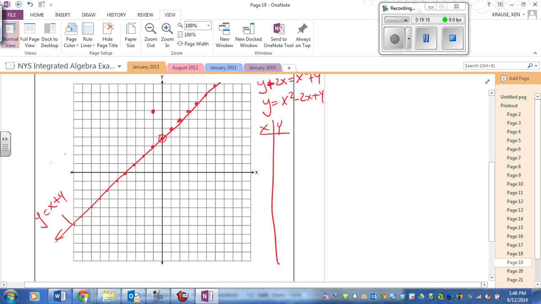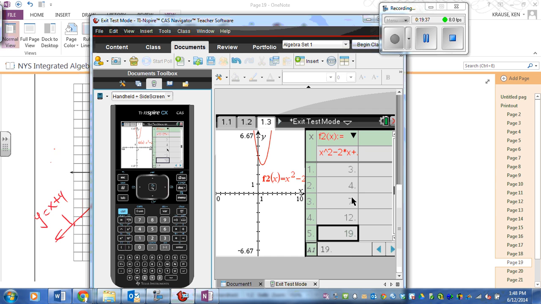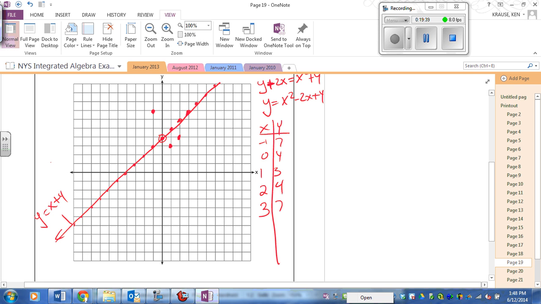So negative 1, 7; 0, 4; 1, 3; 2, 4; 3, 7. Pretty sure that's all I can do. Yeah, so there it is.